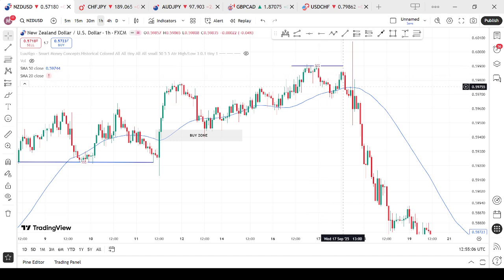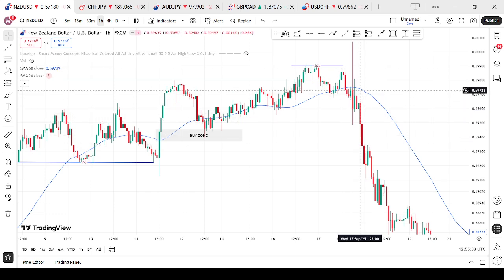It was selling, and when it got here, it came here. See what happened? Liquidity sweep. It came here to touch everybody that put their stop loss above this high, because most people put their stop loss there. So the market went to sweep them. It took them out, then came back and continued selling. That's what we call liquidity sweep.